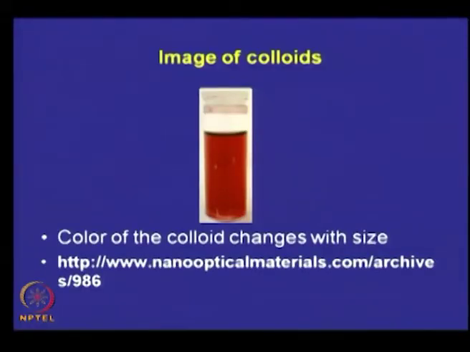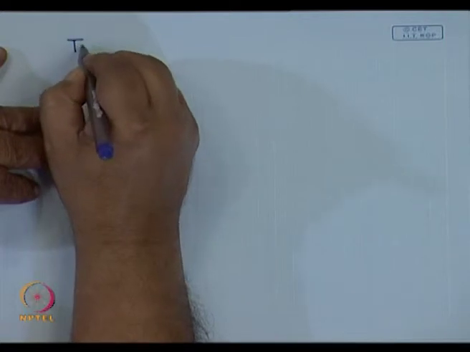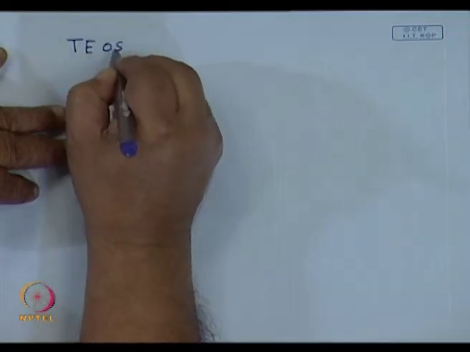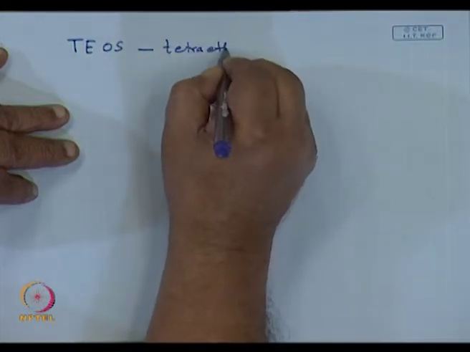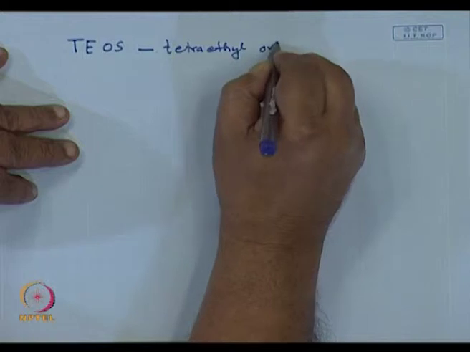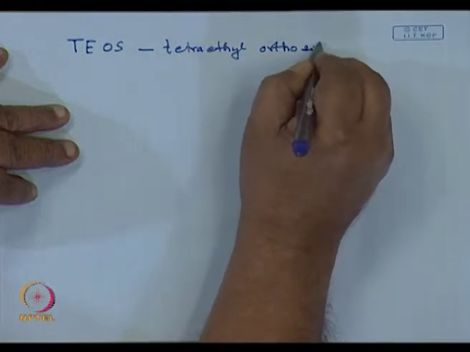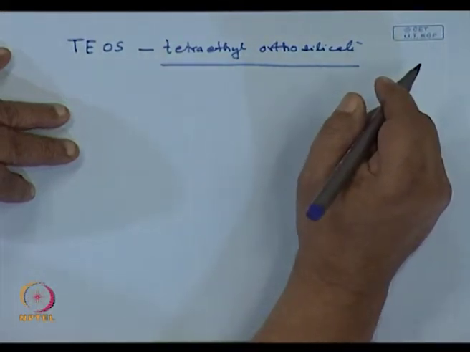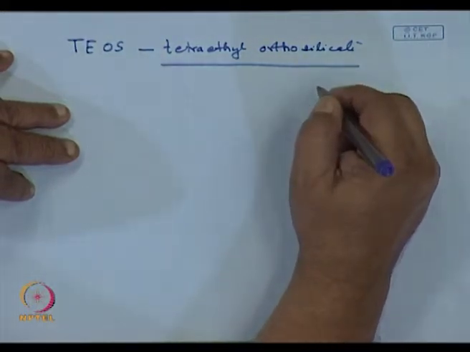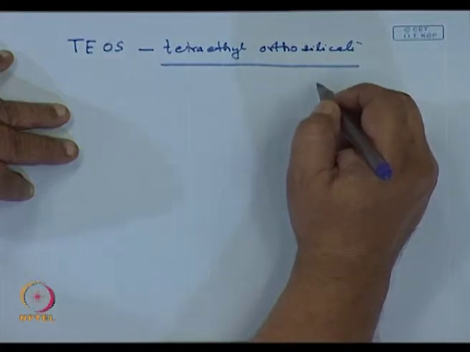Now, if I look at alkoxide based processes, the first thing is, let me focus on only one, TEOS, which is tetraethyl orthosilicate, because plenty of work has been done on it, and yet processes are being innovated.